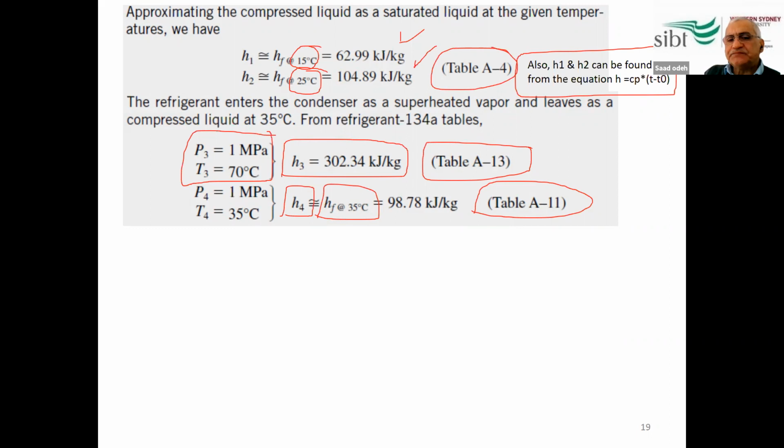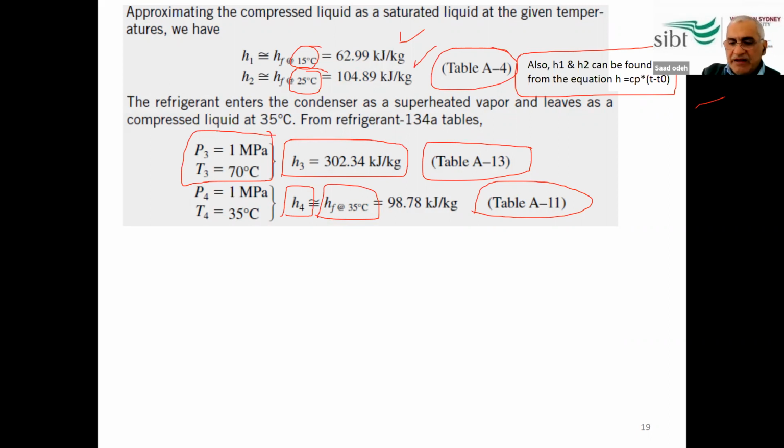We condense, change the phase of the refrigerant from steam to liquid, so that we can pump it or compress it back again to the cycle, refrigeration cycle. We'll come to this later on because this is a different topic. But that's why we have to find HF from table A11.